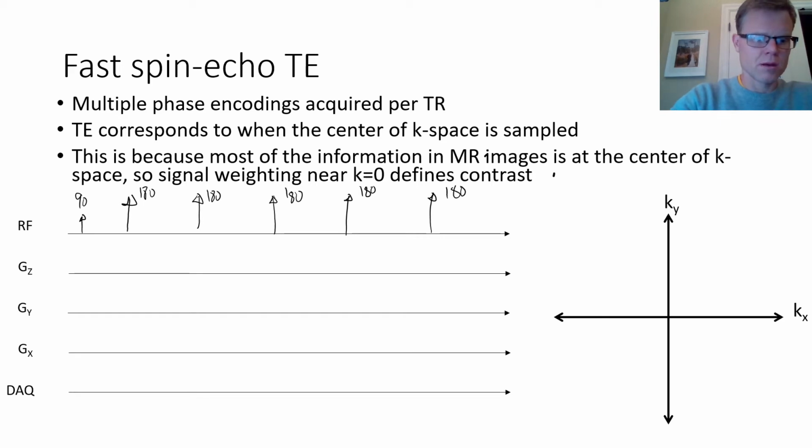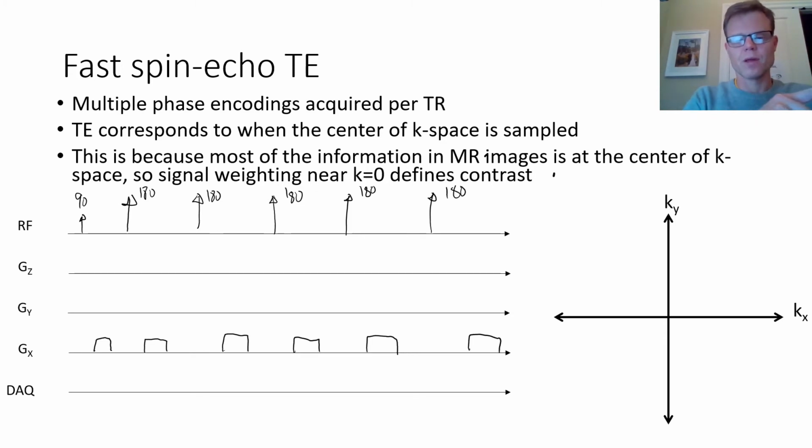Then I'm going to add in our frequency encoding gradient here, which, because the 180-degree pulses have the effect of inverting the phase or flipping us around in K-space, means the gradient pattern like this is going to have us continually going across, flip back over by the 180, across, flip back over by the 180, and so on for the K-space trajectory here.